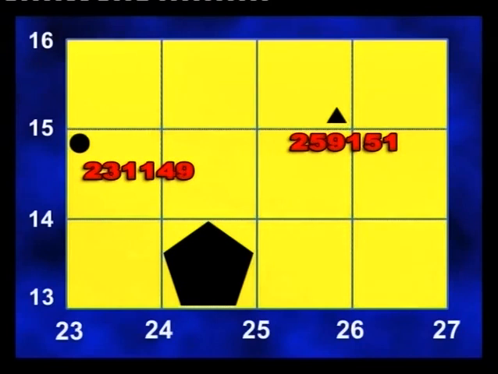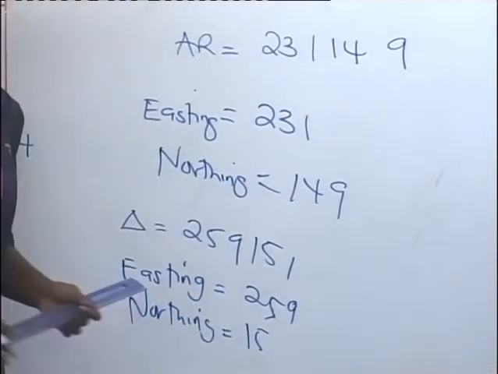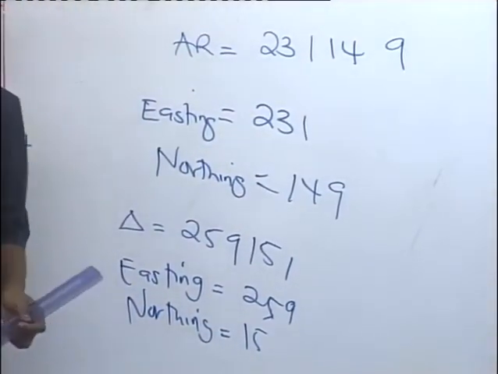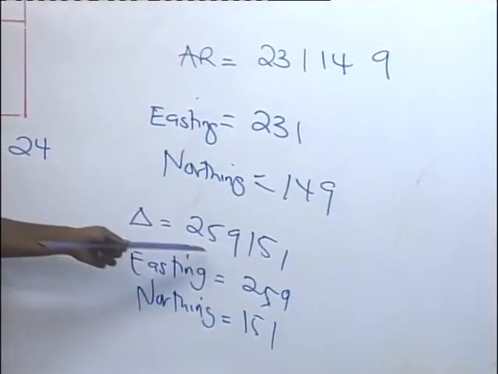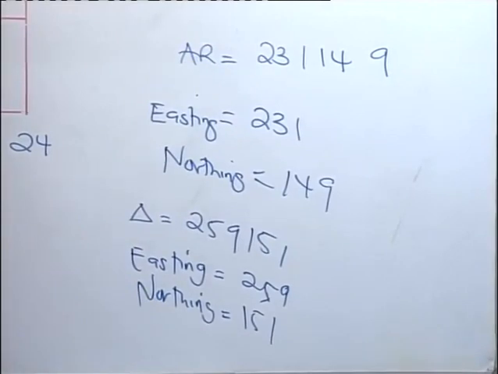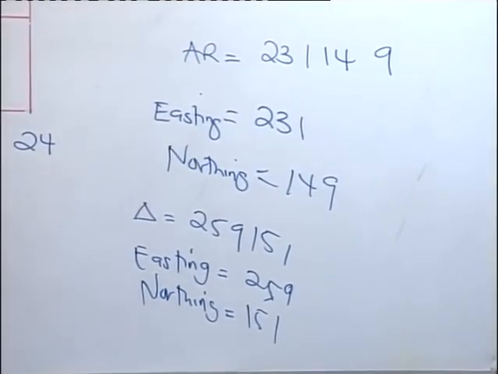How many tenths across the square? 9 tenths. So 25, instead of 9 over 10, 25 9, 259. Same with northing. Northing is 15, and it's 1/10 up the square. So instead of 1/10, 1. So you put your numbers together to give you the 6 area reference.